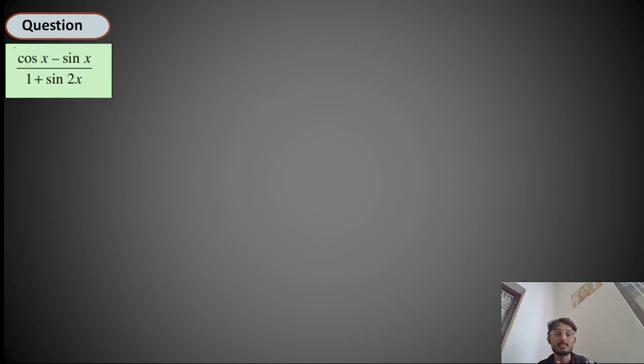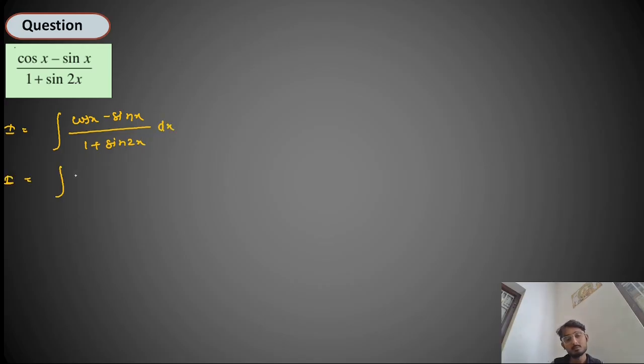Next: cos x minus sin x upon 1 plus sin 2x. What can you do? I equal to integral of cos x minus sin x upon 1 plus sin 2x dx. You can write 1 as sin square x plus cos square x, so sin square x plus cos square x plus sin 2x.